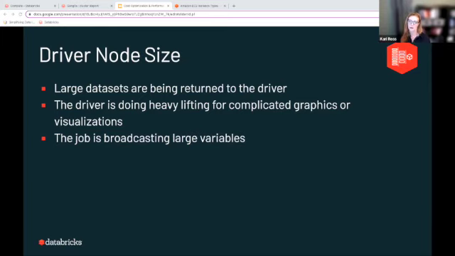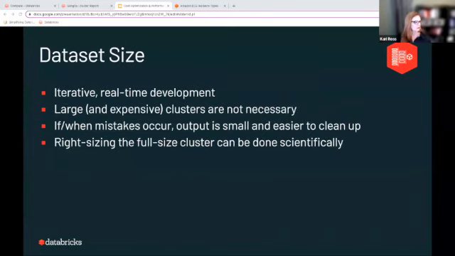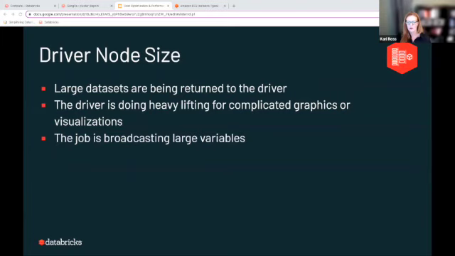So it's a broadcast. And then finally, the parallel threading tasks are being executed on the driver, which is really some of the management that it handles of the workers.